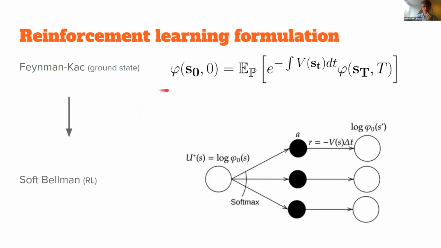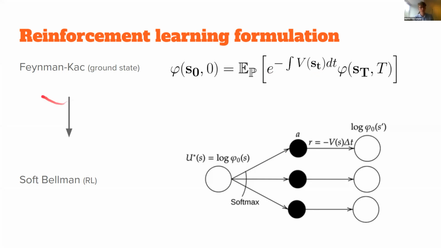Physically, this balance between kinetic and potential energy is also captured in the Feynman-Kac representation of the ground state. That basically says that the ground state wave function can be expressed as an expectation over trajectories. These trajectories are generated by the kinetic part of your Hamiltonian, but they're also weighted by the potential part of your Hamiltonian.